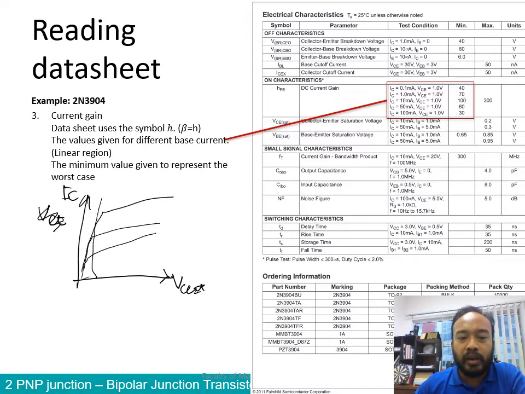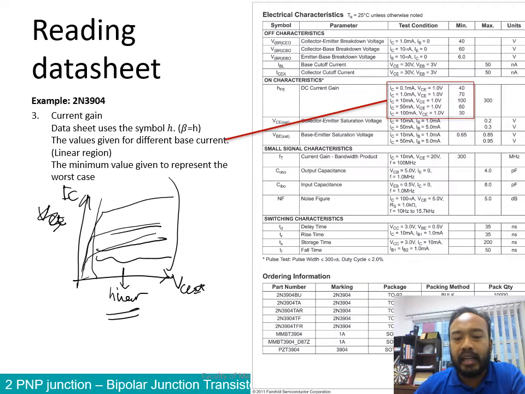The operating area that I want to be in is this area here, where we are in the linear area, where we have a constant beta, and these different lines represent different beta for different IB. So for example, this is for IB1, this is for IB2, this is for IB3, and we have a different value of beta for a transistor operated at each different base current.